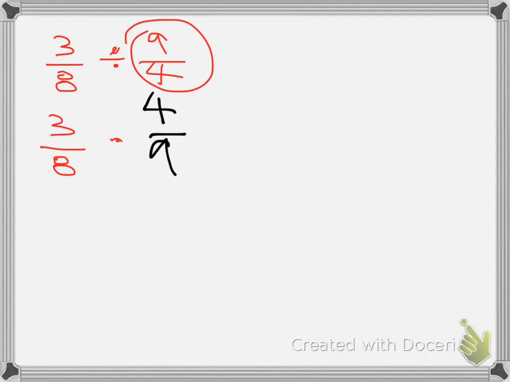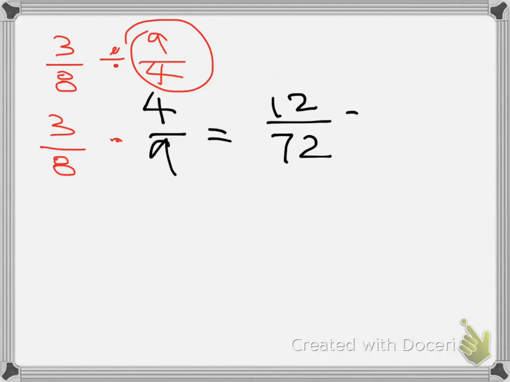Okay, so when we're in that position, we multiply the top numbers. And we multiply the bottom numbers. And we get 12 over 72. Okay, so 12 over 72 does reduce.